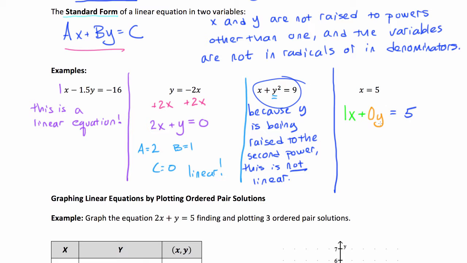So my a is 1, my b is 0, my c is 5. This is okay, as long as my a and b are not both 0. So this is a linear equation, and the solutions to it will lie in a perfectly straight line, and that's something we'll see in a little bit.